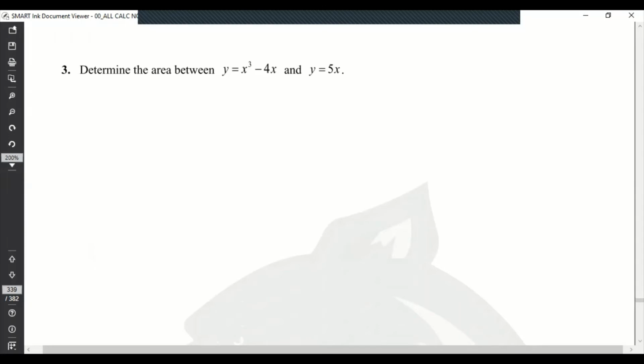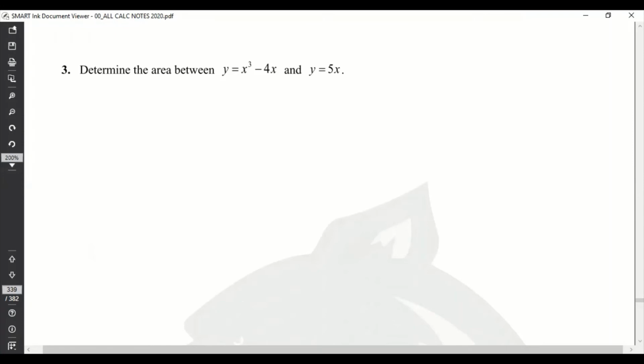Number 3. Determine the area between y is equal to x cubed minus 4x and y is equal to 5x. So y equals x cubed minus 4x factors to this, which factors to this, of course.